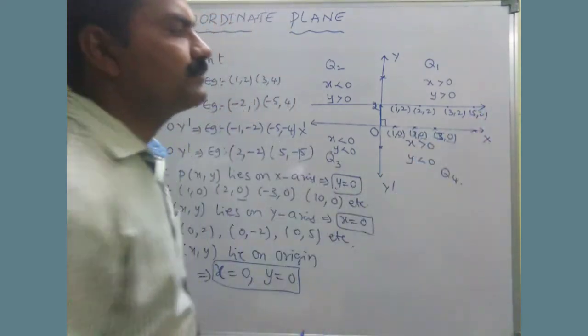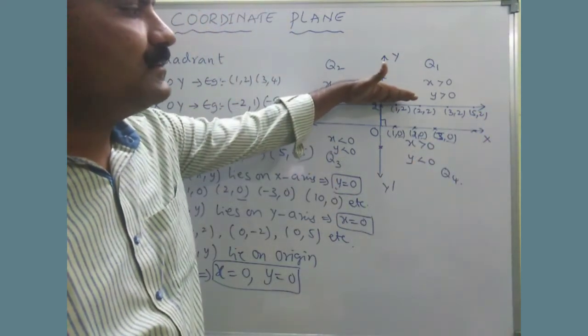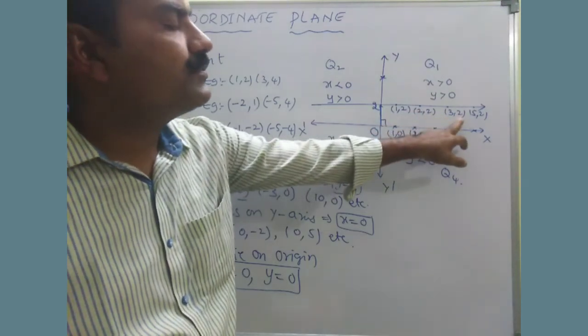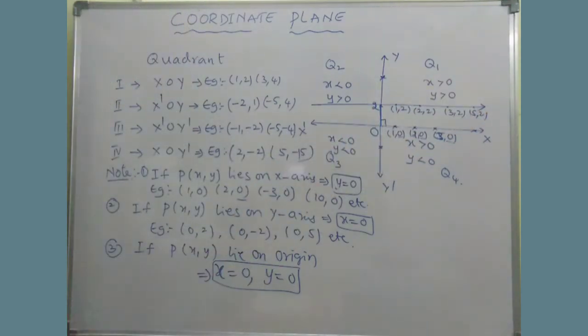So what do you observe? On a horizontal line, the y coordinate of every point is same.